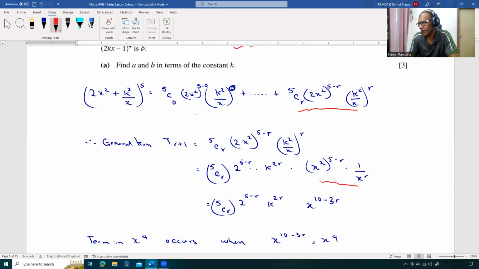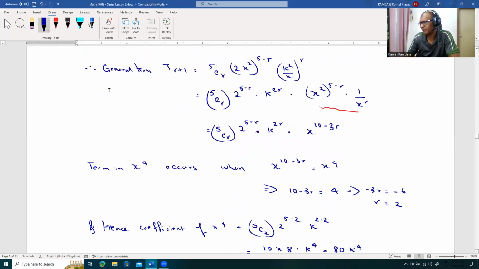We get 5Cr times 2 to the power of 5 minus r times k to the power of 2r times (x squared) to the power of 5 minus r divided by x to the power of r, leaving x to the power of 10 minus 3r. Therefore, the term in x to the 4 means 10 minus 3r is equal to 4. We get 3r is equal to 6, r is equal to 2.